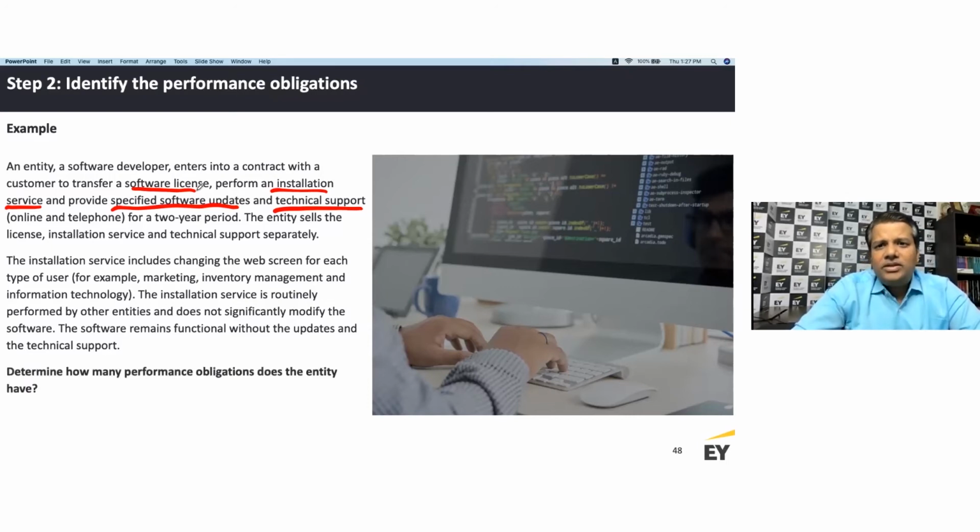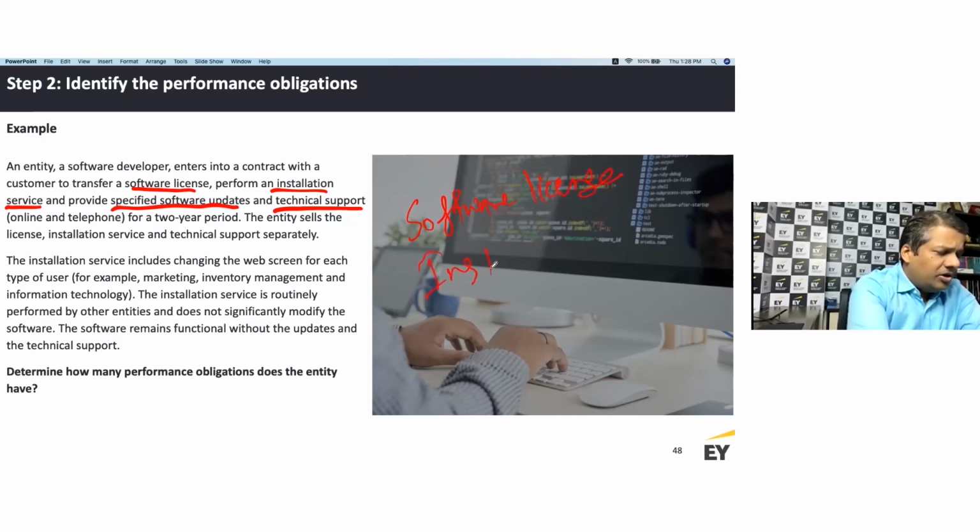The question is, how many performance obligations does the entity have? Now, if you think through this example, what am I doing here? I am selling the software license, and then I am doing the installation.